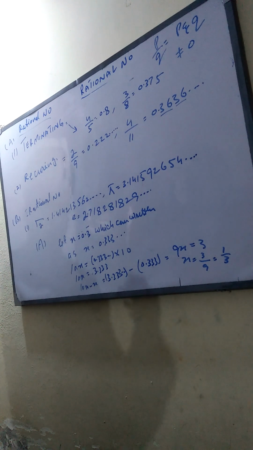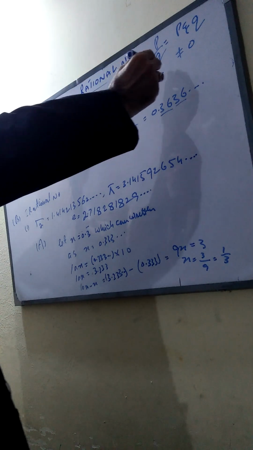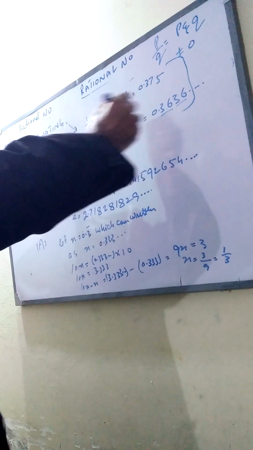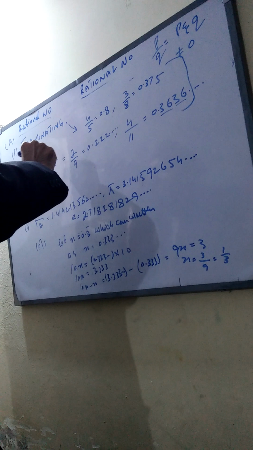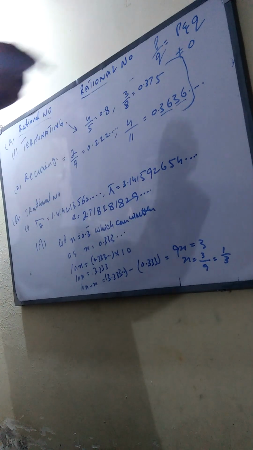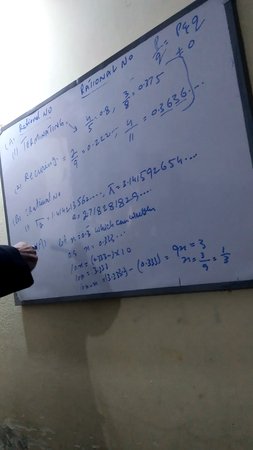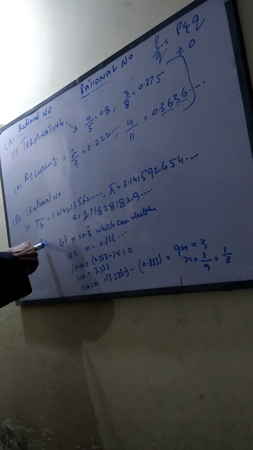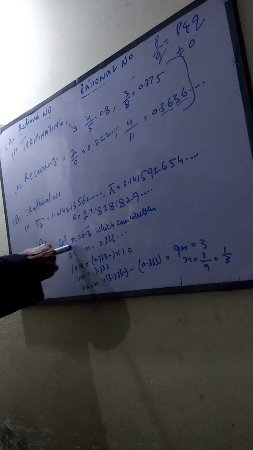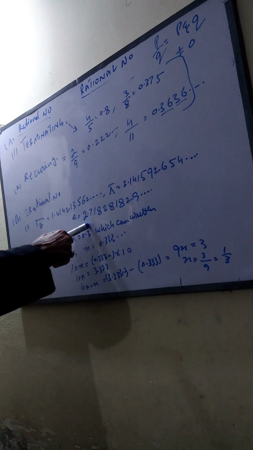Okay, now we have to create the logic of how these values, terminating and recurring values, why we say them the rational numbers. So we will suppose some values. For example, in part A, this is the value of 0.3 bar.